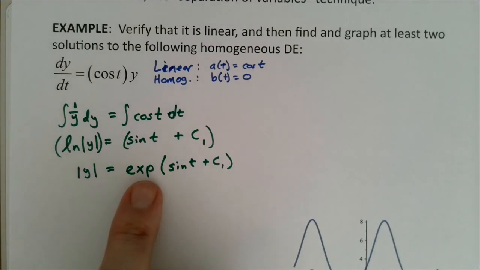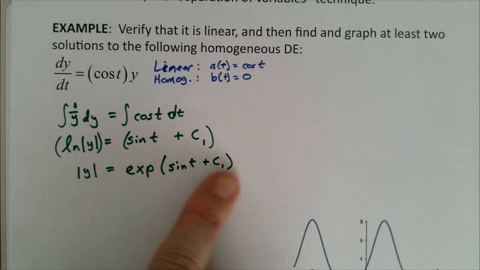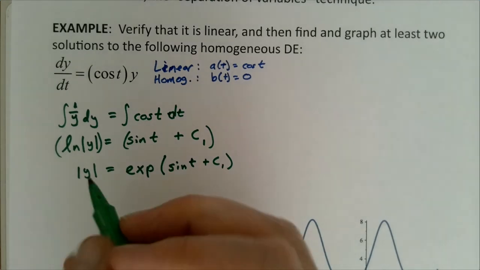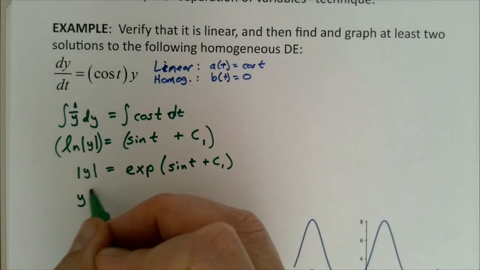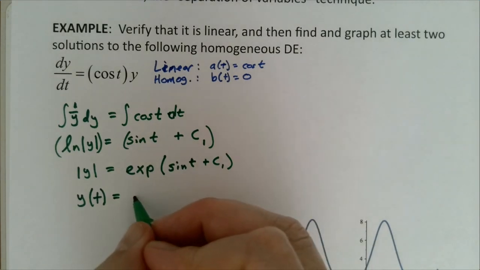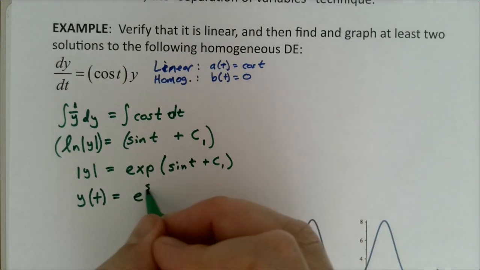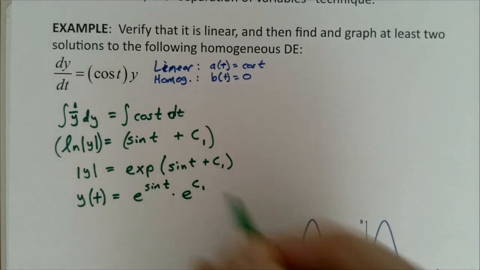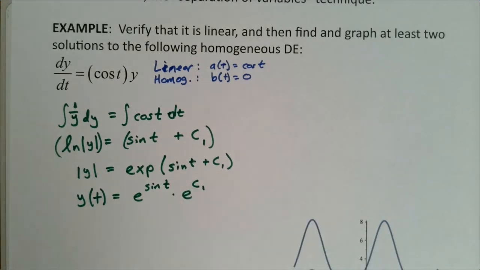Now the nice thing about e to a power is, as long as this stuff is real numbers, the output is always going to be positive. So I can just ignore the absolute value bars, and rewrite this as y equals e to the sine t times e to the c1 by using my rules for exponents. And e to a constant is itself just a constant.